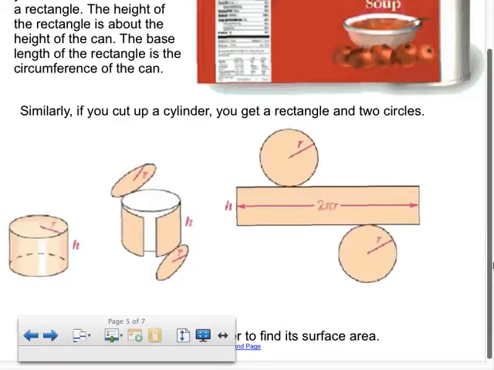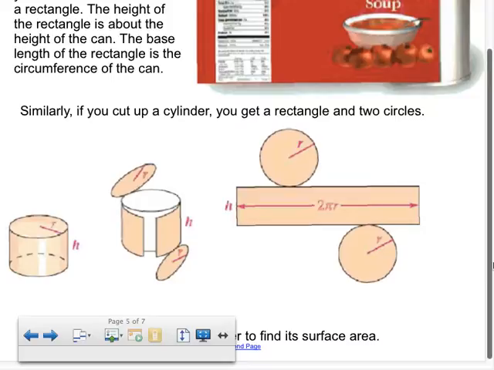Caleb? It's radius times pi. Wait, radius squared times pi. Or the book sometimes will say pi, radius squared. But remember, it's all multiply. Radius times pi, or radius squared times pi, or pi times radius squared. That's all the area of a circle, right?